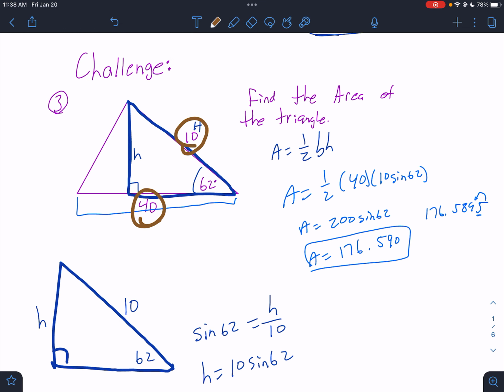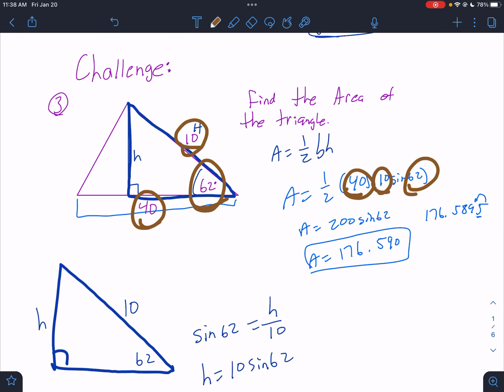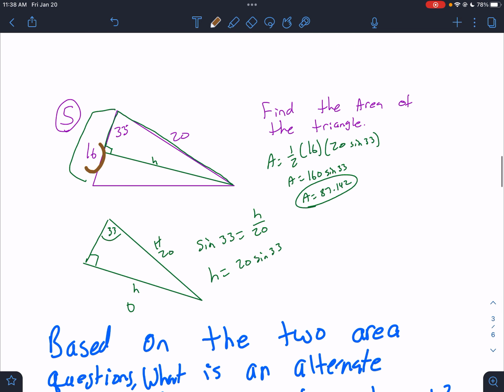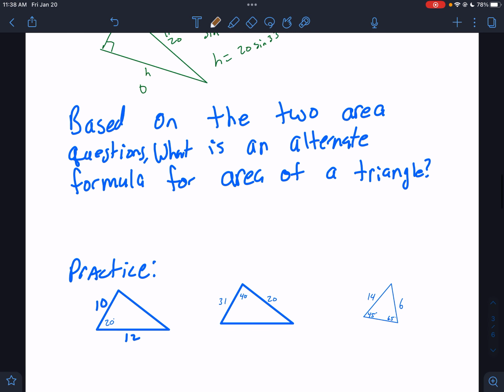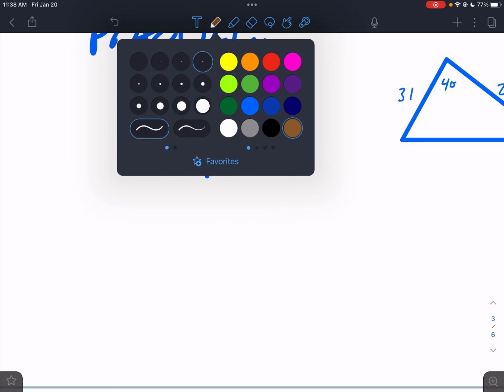40, 10, 62. 16, 20, 33. Take a guess, take a guess.